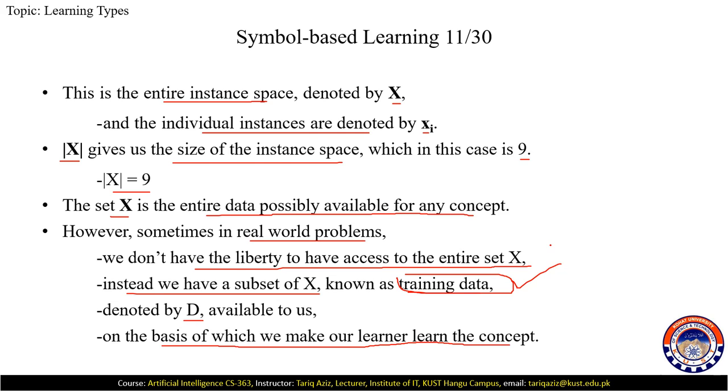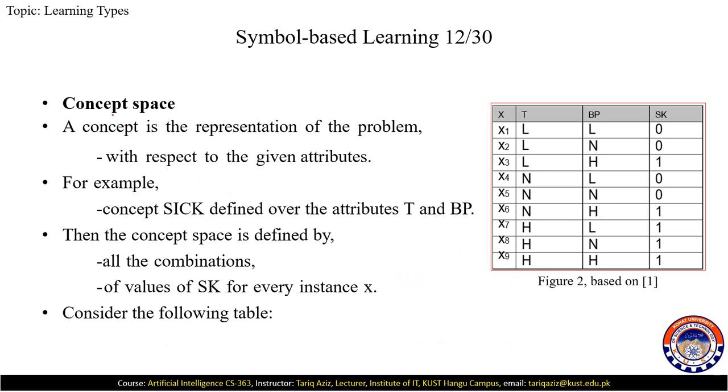Okay. Now, dear students, what is the concept space? A concept is the representation of the problem with respect to the given attributes. For example, concept sick. So what we chose previously, we chose sick to be our concept.